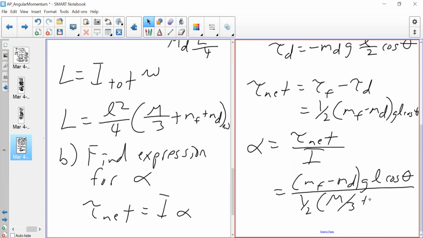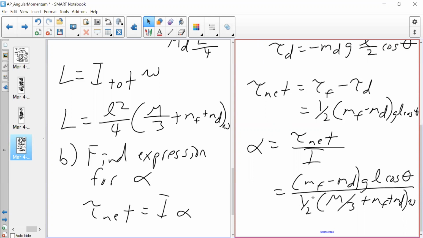Plus mf, md, omega. We saw that I was 1/4, and so this net torque here being in terms of 1/2.